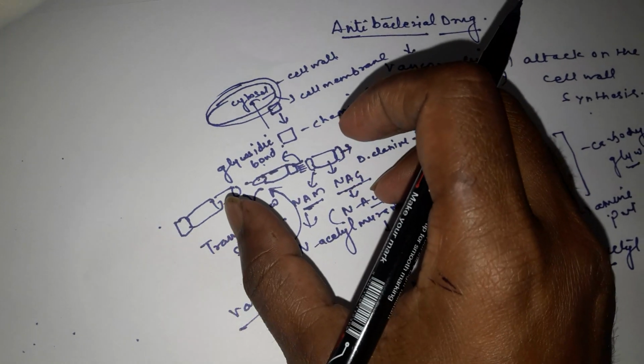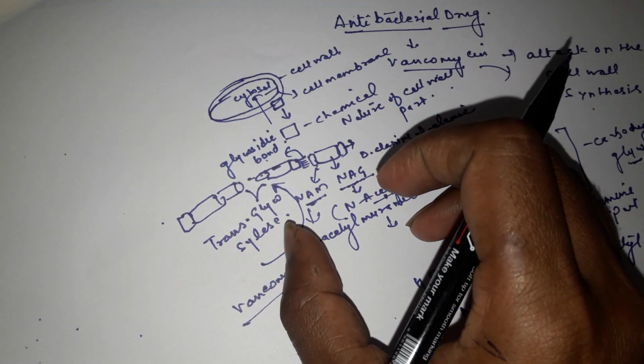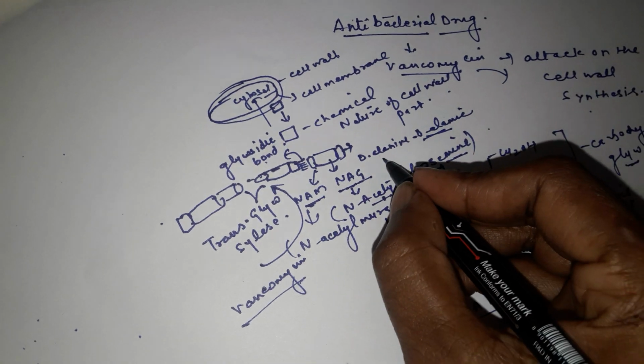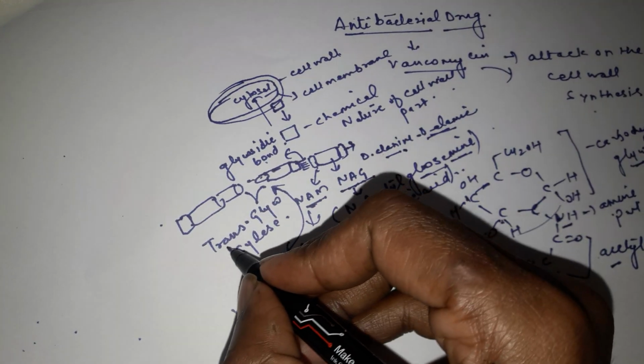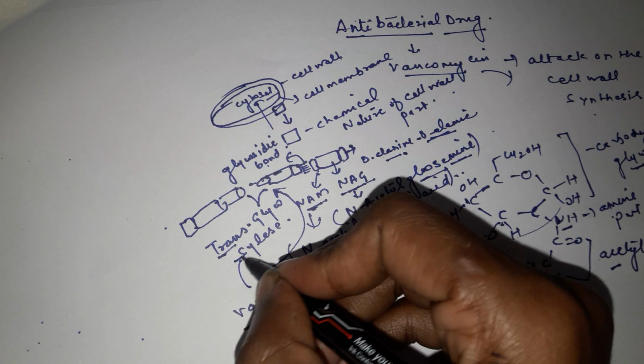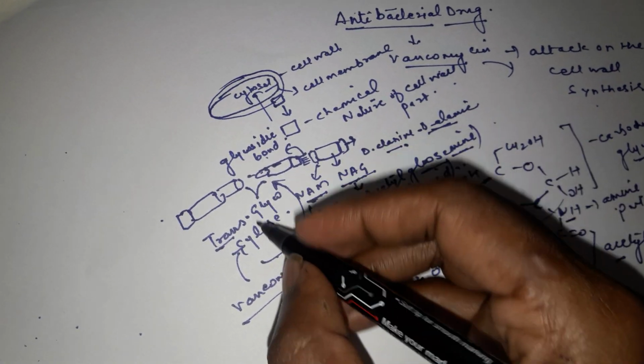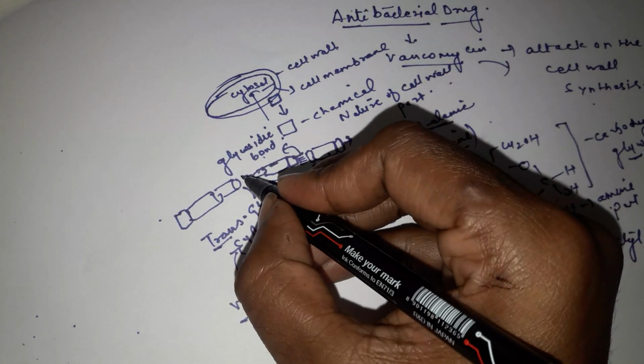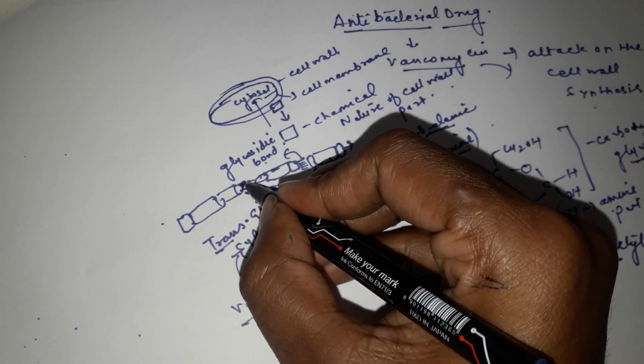There will be no effect on the glycosidic bond, NAG and NAM. It will affect only the D-alanine part, so it targets transglycosylase, and it attaches here.